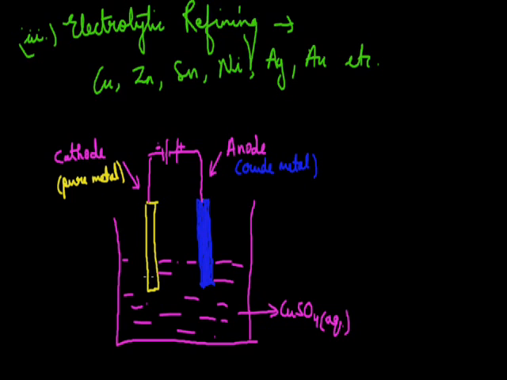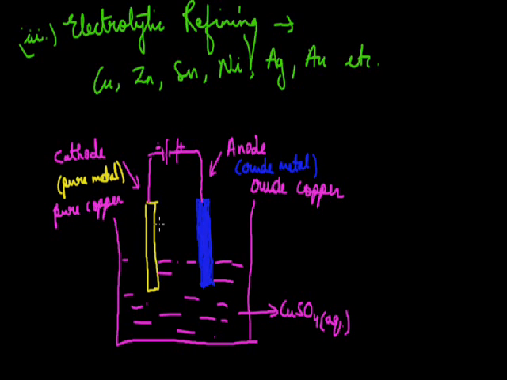Now an aqueous solution of some salt of the metal is used as electrolyte. As we are considering the refining of copper, this is the crude copper, and here this is the pure copper. So the crude copper is the thicker electrode and the thinner one is the pure copper.